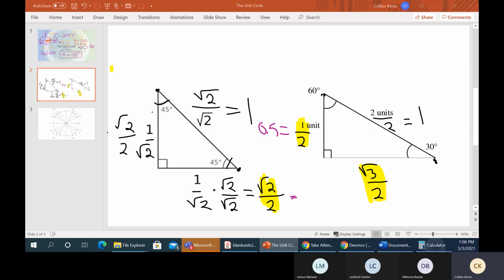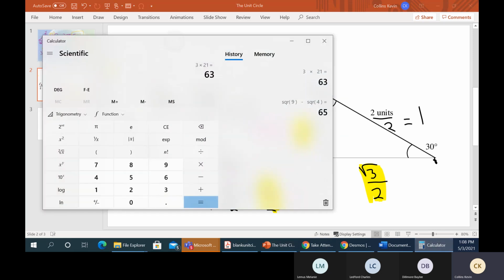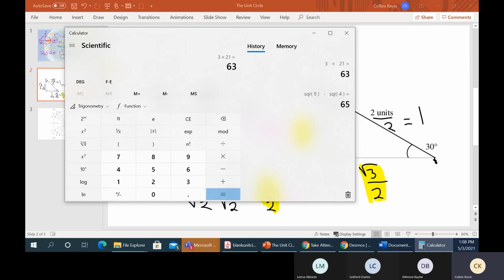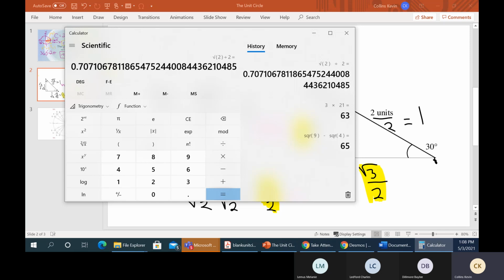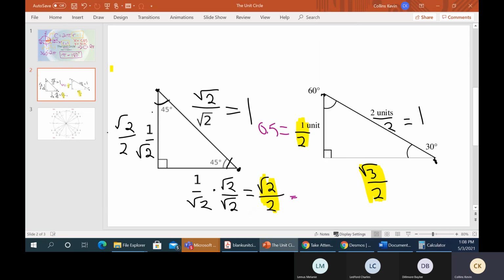So let's break out the calculator. We're going to go 2, square root it, and then divide by 2. So that's a 0.707. So the approximation on this guy is 0.707. Okay. So if you see that on your calculator, just know that that means the square root of 2 over 2. This will make life a lot easier.